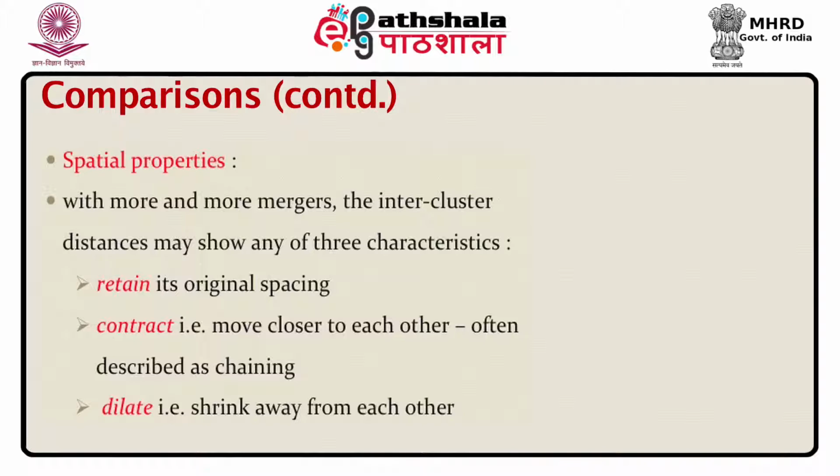As opposed to these two, we have the dilation, which is where the clusters shrink away from each other. In fact, in astronomy they always say that the universe is either shrinking or dilating. The same thing can happen with clusters as we go on merging them.